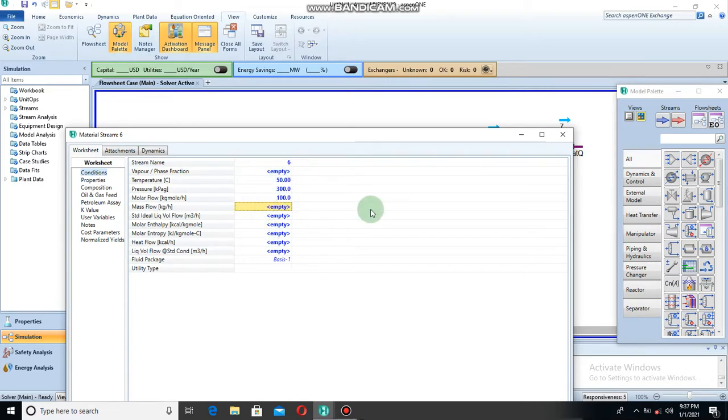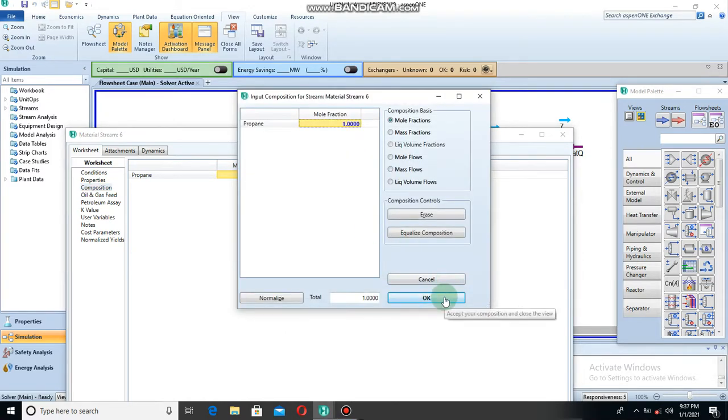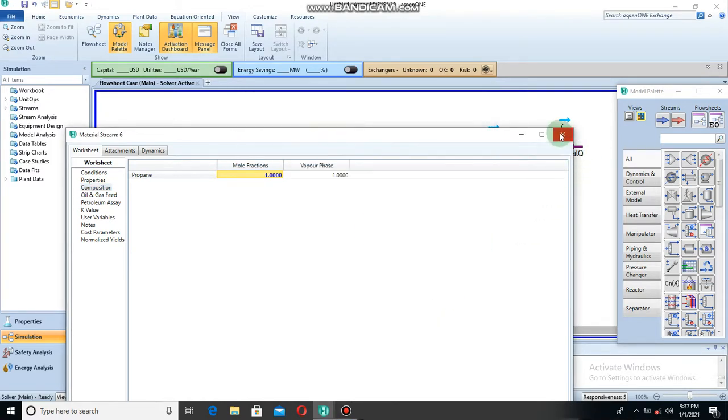Its composition is pure propane. And that stream is converged.